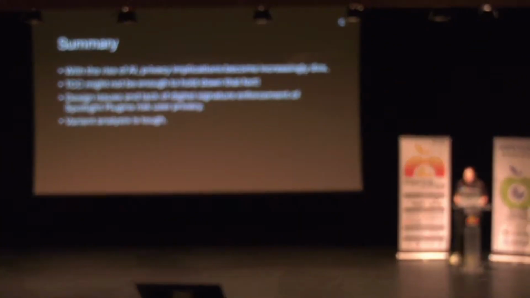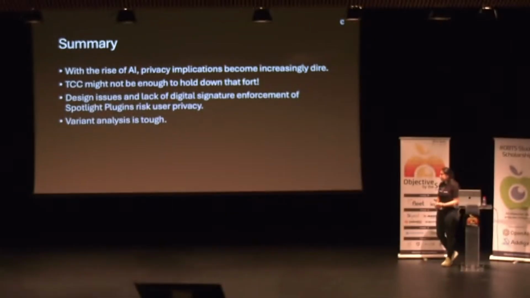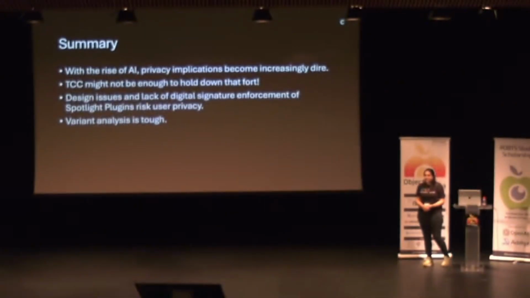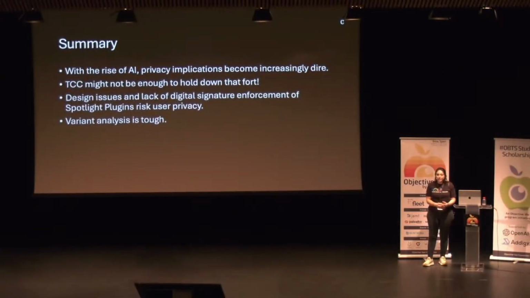All right, just to wrap up, we want to reiterate that with the rise of AI, privacy implications become increasingly dire. Remember that with all these agentic solutions, different processes are accessing potentially sensitive data, which may not be as protected as it should be. And as we've shown, TCC wasn't really enough to hold down the fort for this.